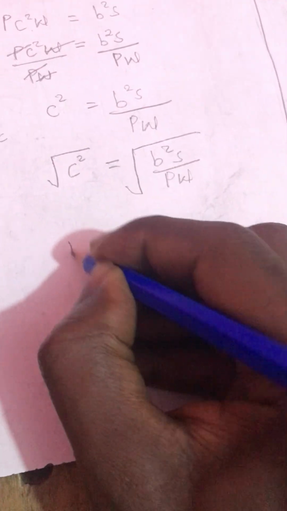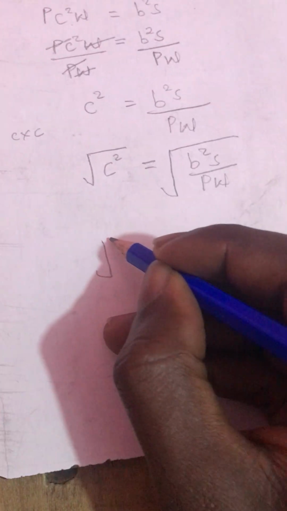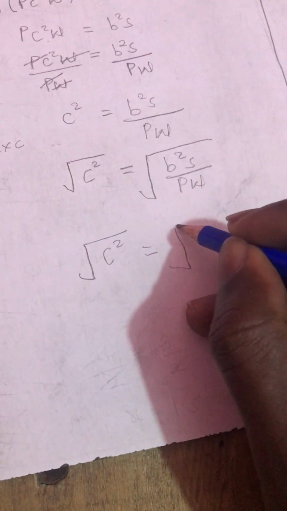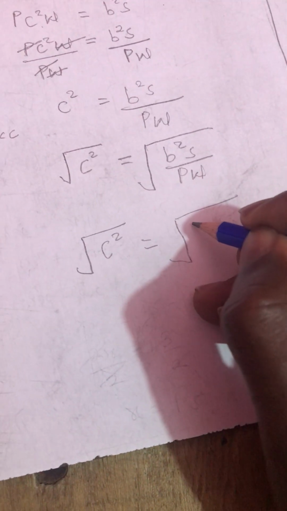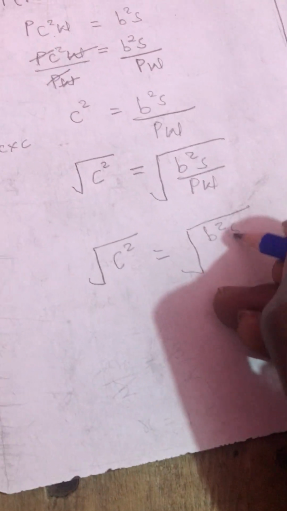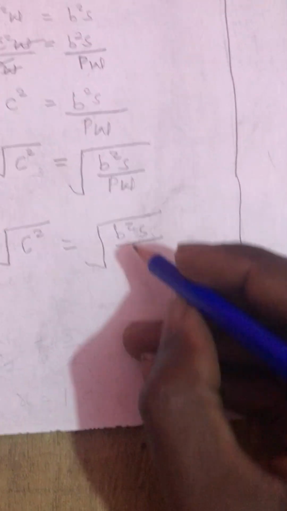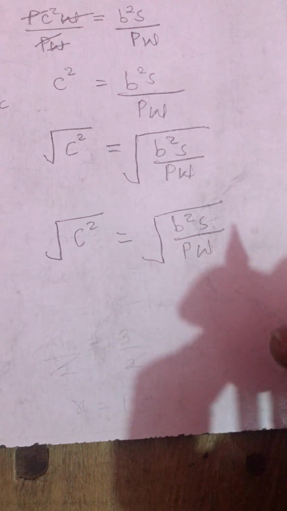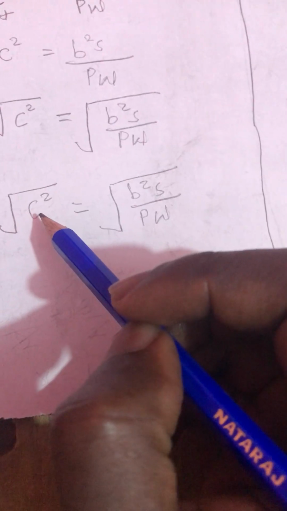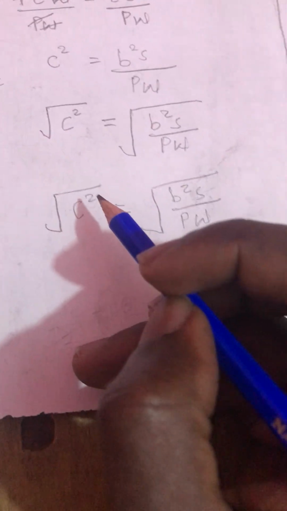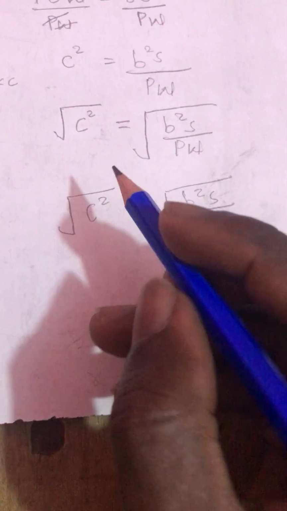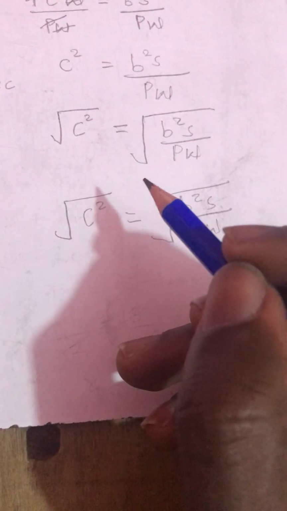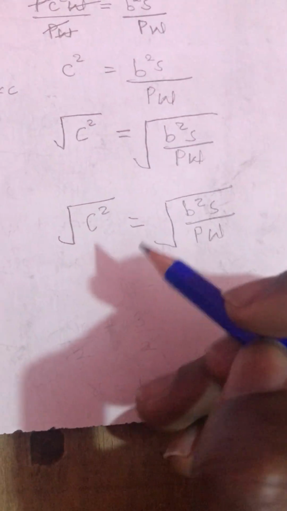So we have our equation to be the square root of C square equals the square root of the fraction B square S over P W, right? And we want to eliminate the square for C to stand on its own, or for C to become the subject of the relation, right?